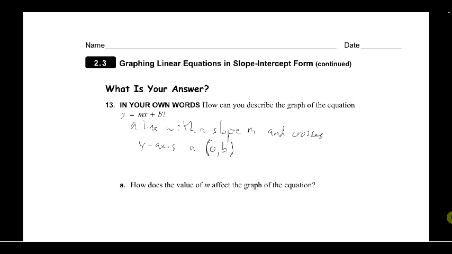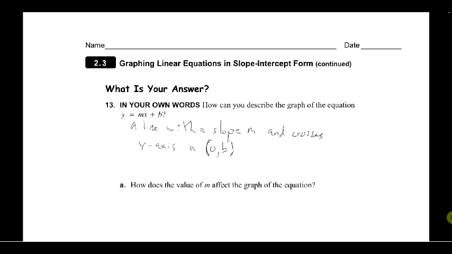This next one, I'm sort of going to talk through this. How does the value of m affect the graph of an equation? As that value gets bigger, what have you noticed? So once it gets to like 1, 2, 3, 4, and 5, what happens to the line? Or even negative 1, 2, 3, 4, 5. Versus like 1/2 or a quarter or an eighth or maybe like 1/16.